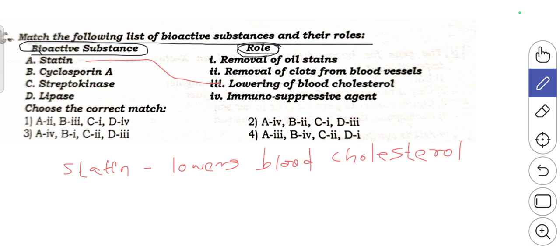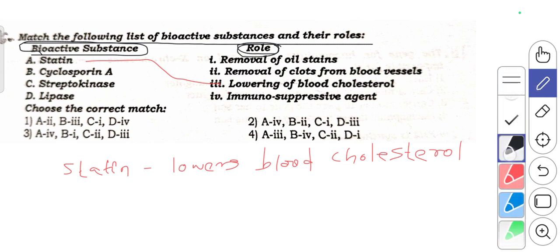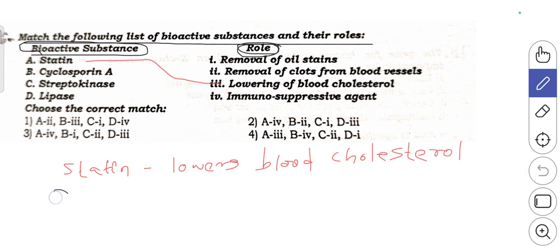Then they have given the next one, that is cyclosporin A. What is the role of this bioactive agent here?